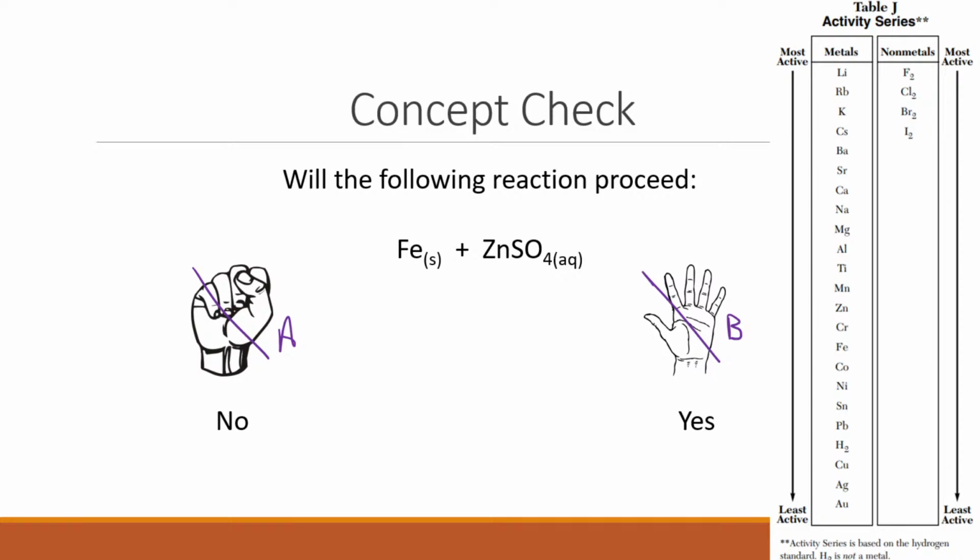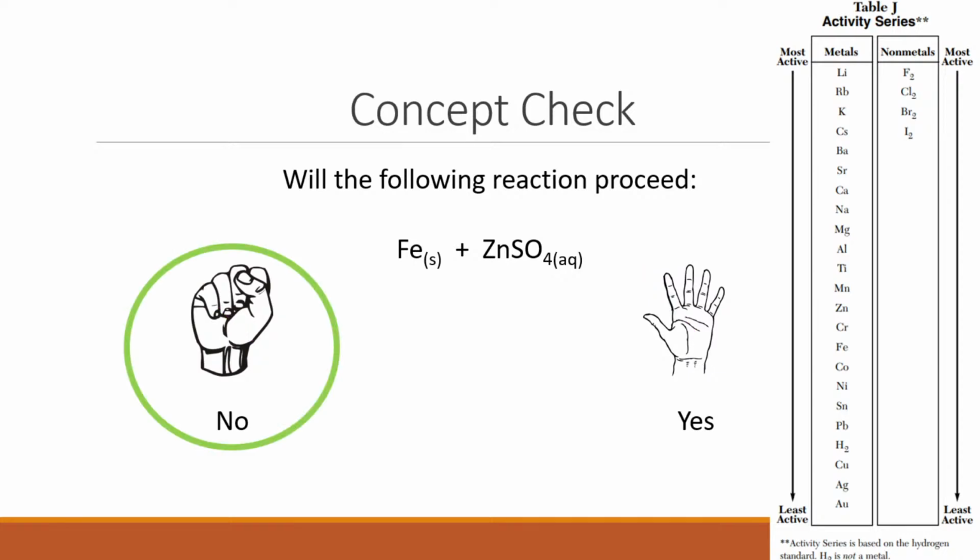Good. Here again our answer is no, this reaction will not happen. Here's zinc, here's iron. Sulfate, SO4, is nowhere to be found on this table, so it doesn't even come into play. But iron cannot replace zinc, which means this reaction does not happen. If you mix solid iron and aqueous zinc sulfate, literally nothing happens. They just sit there.